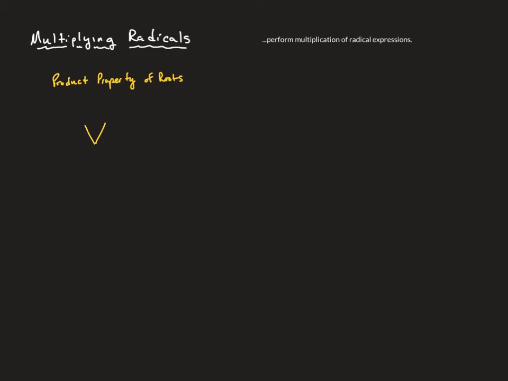Let's talk about the radical again. Remember I have an n, which is my index, and a is my base. If I have the same indices, the nth root of a times the nth root of b would be the same thing as the nth root of ab.